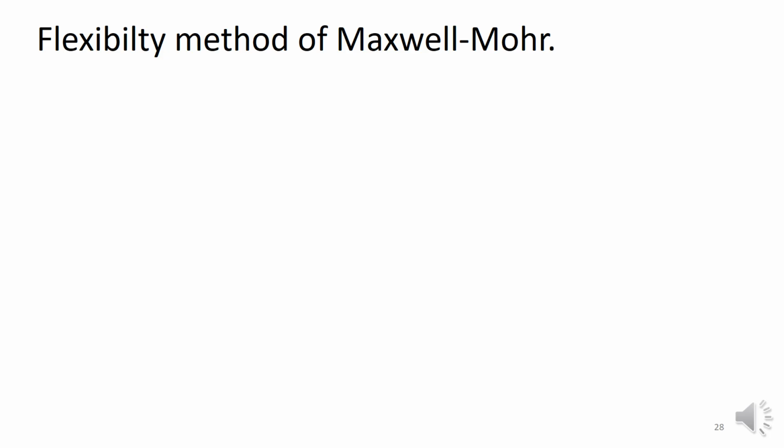Now, in structural analysis, you will come across what is called the flexibility method. It's usually ascribed to Maxwell and Moore. Maxwell, of course, is the famous mathematical physicist. Moore was an engineer and contributed a lot to structural analysis.